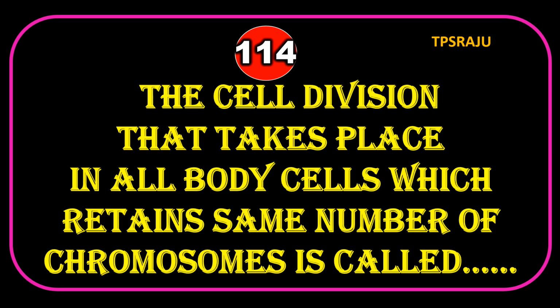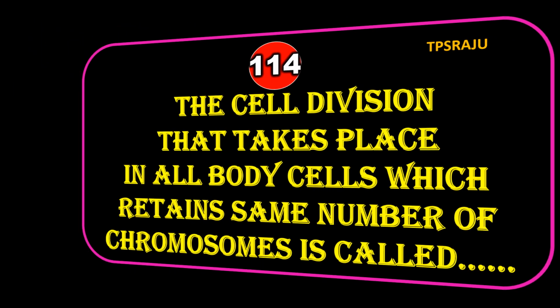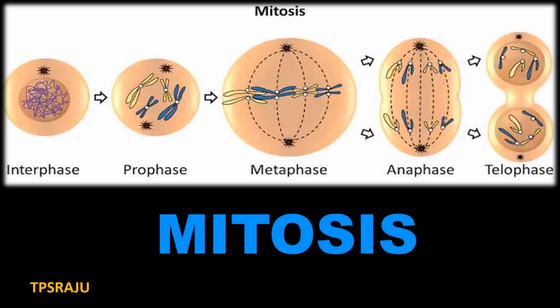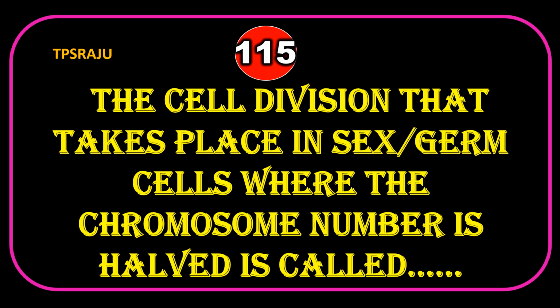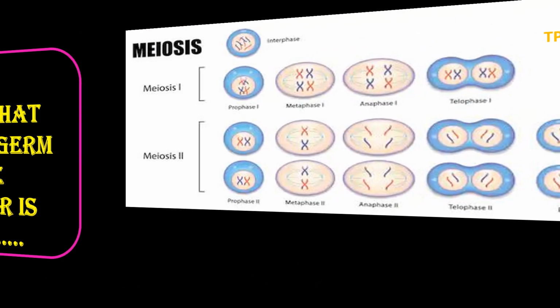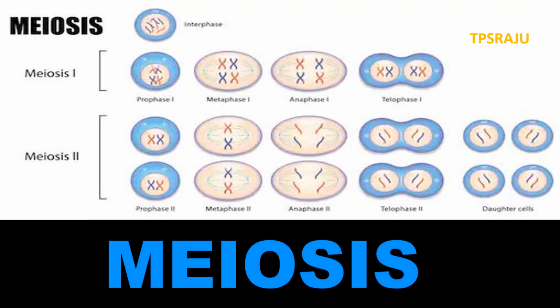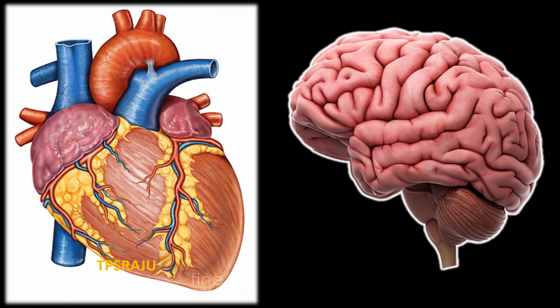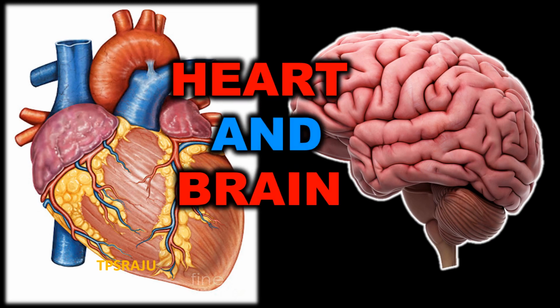The cell division that takes place in all body cells, which retain the same number of chromosomes, is called mitosis. The cell division that takes place in sex cells, where the chromosome number is halved, is called meiosis. Cells in some organs never divide. What are they? Heart and brain.